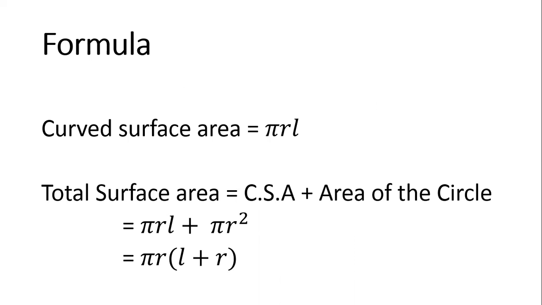When you substitute theta over 360 degrees here, it will give us this formula, which is pi r l. Note, I'll still bring that up later. Then the total surface area is the curved surface area of the cone plus the area of the circle, since the base of that cone is circular. Then you factorize that to have the formula.